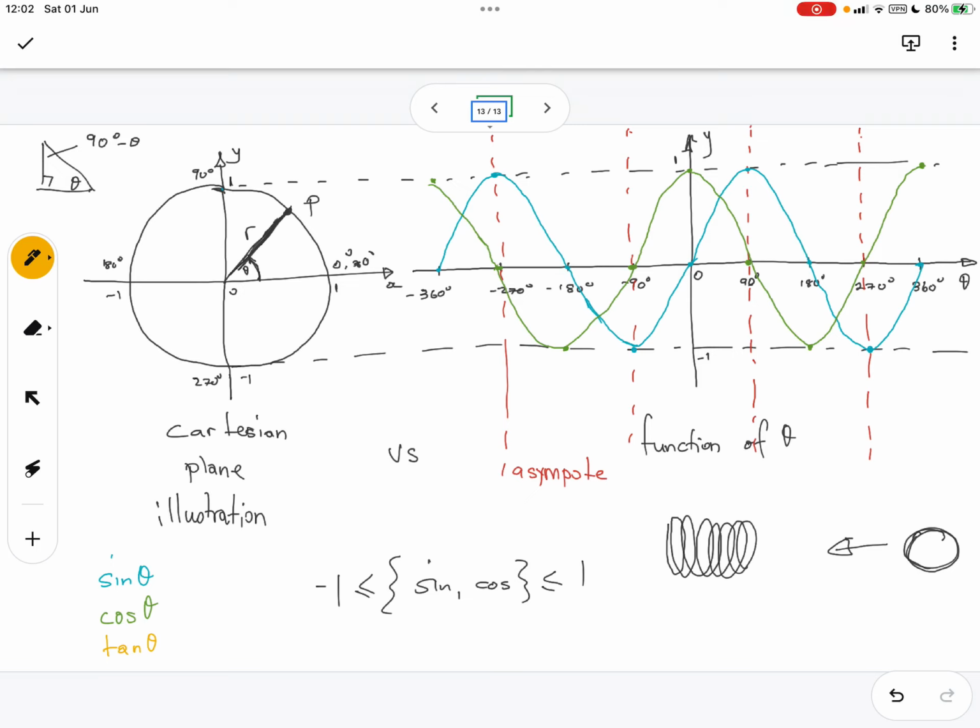But anyway, let's go back here. So we're going to go for tan. Tan's ratio is defined by x and y. So tan uses x and y, right?